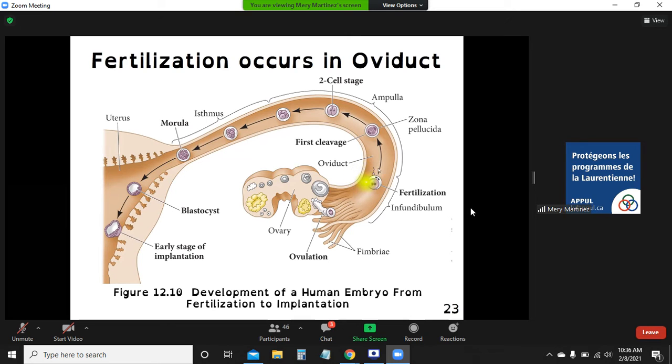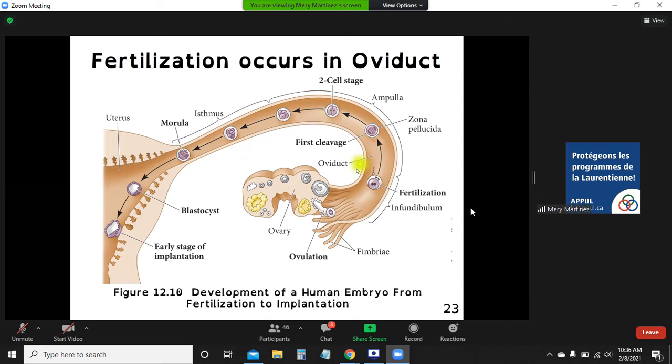Fertilization then triggers the completion of meiosis, as we have seen last week and in the lab, okay? The first cleavage begins normally 24 hours after fertilization, so the process is a little longer.